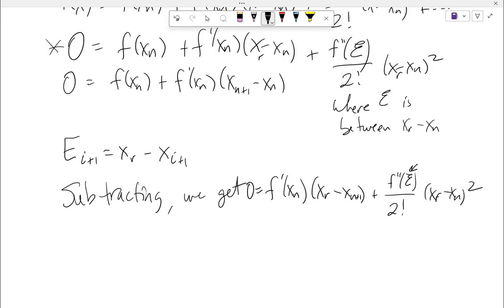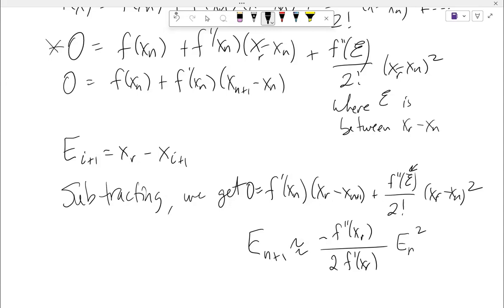So if I solve for the n plus first error and approximate these values with x of r, we should get the following. The n plus first error is approximately the negative of the second derivative at the root over 2 times the first derivative at the root times the error from the nth term squared, roughly speaking. Now, I waved my hands a little bit at this, obviously.